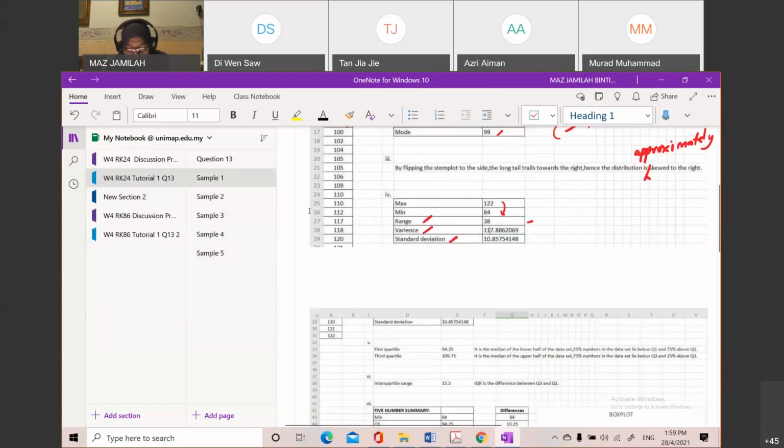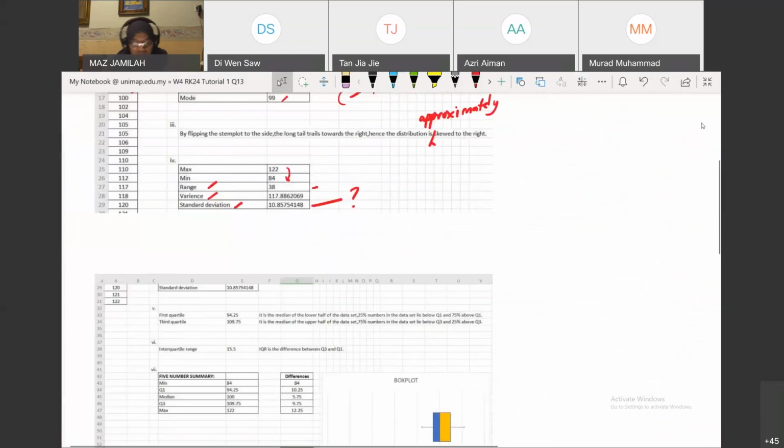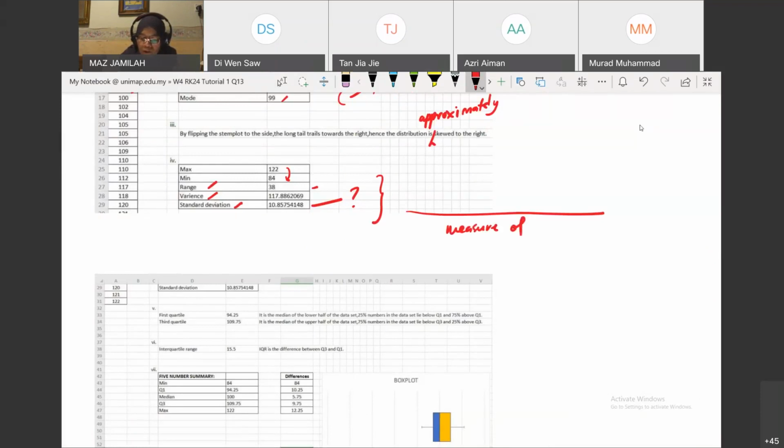Now, can someone explain to me what 10.85 means? We are talking about the measure of dispersion.